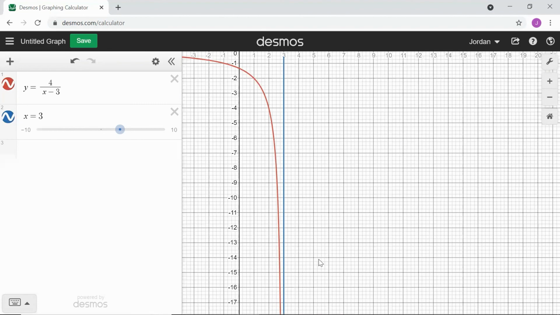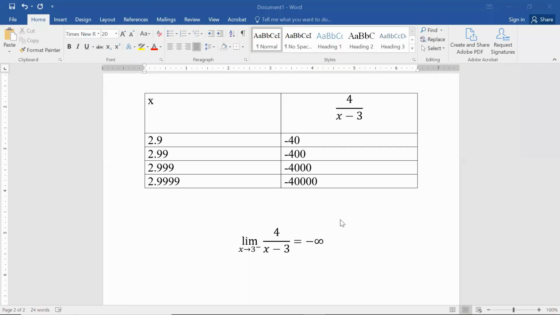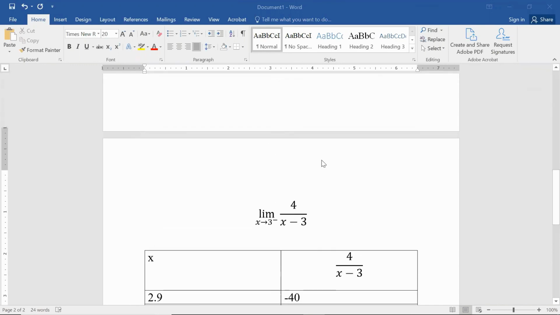Our function approaches that from the right, it goes off towards infinity. From the left, it goes towards negative infinity. That confirms what we got numerically. So you can see numerically, the limit as we approach 3 from underneath went to negative infinity. The limit as we approach 3 from above went to positive infinity.